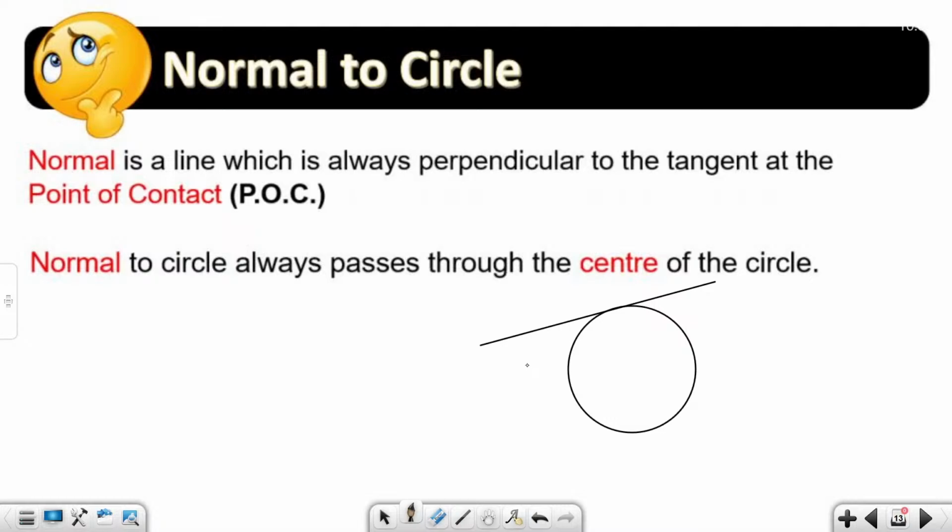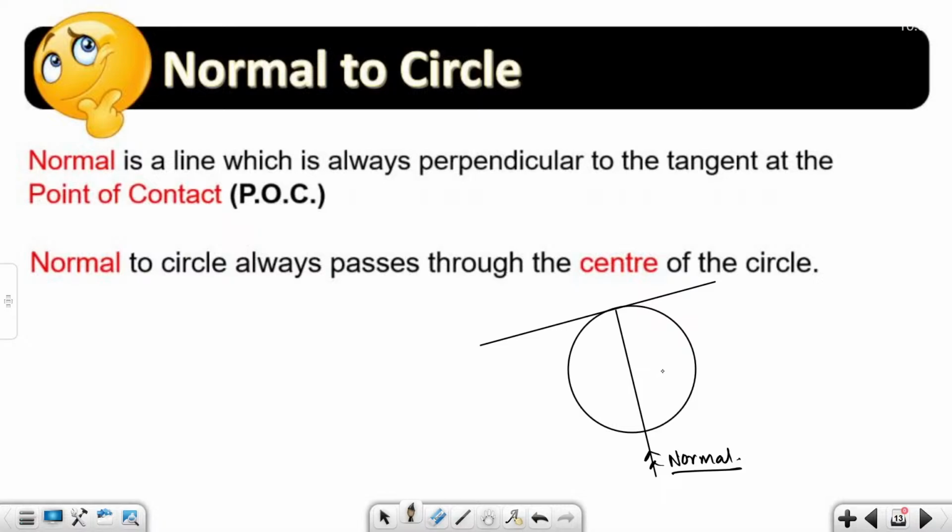The definition is the line which is perpendicular to the tangent, that's true, but at the point of contact. If you draw a line which is perpendicular to the tangent at the point of contact, then this line is what is called the normal to the circle. This is the normal to the circle.